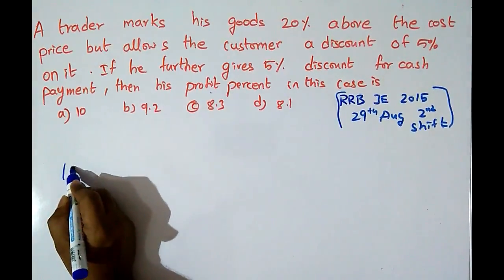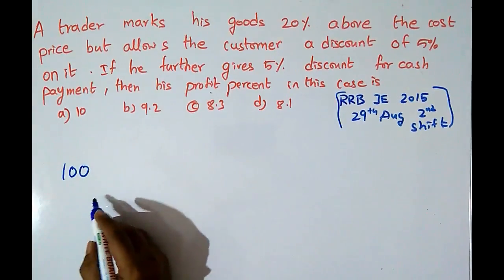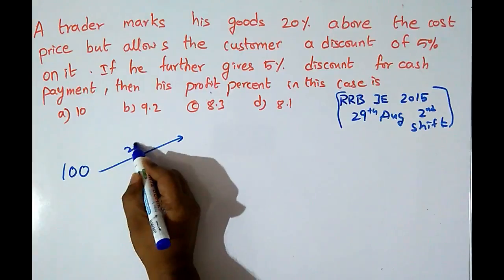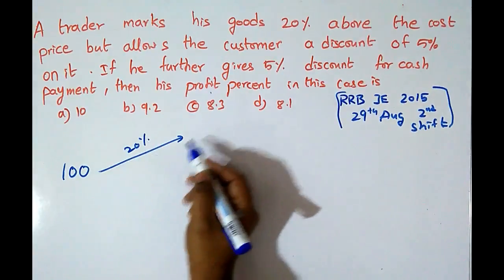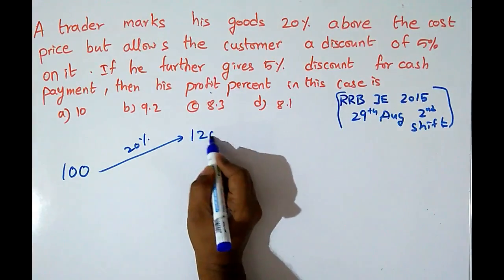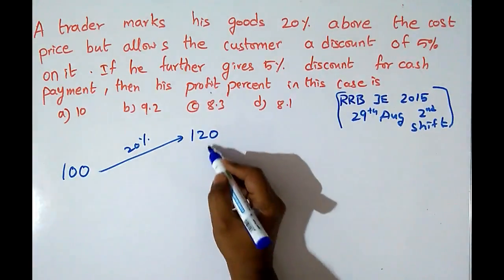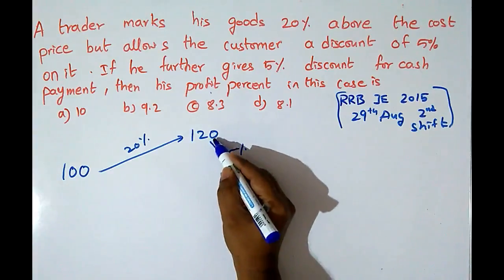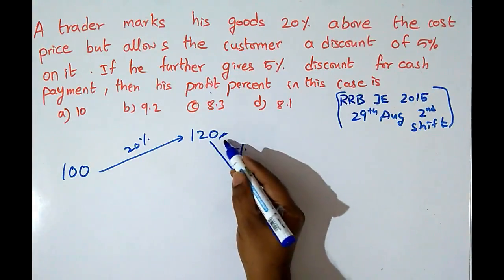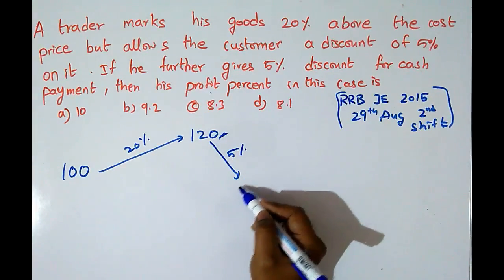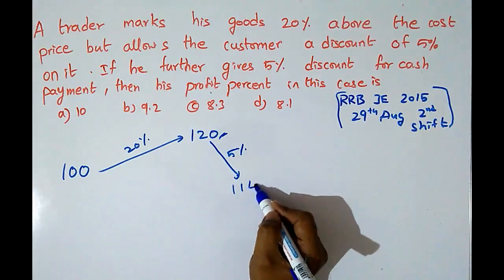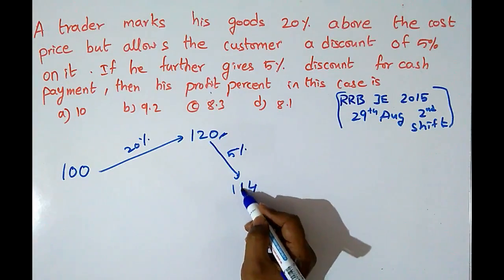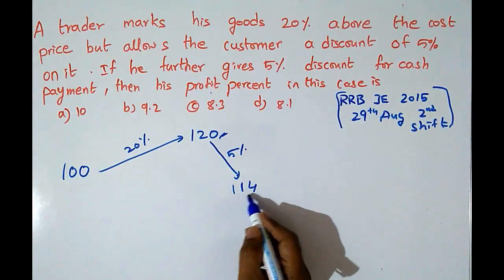Suppose the cost price of the good is 100 and the trader marks his goods 20% above the cost price, that is 120, and also he allows 5% discount on this market price. We will get 114 because 5% of 120 is 6. By subtracting 6 from 120, we will get 114.